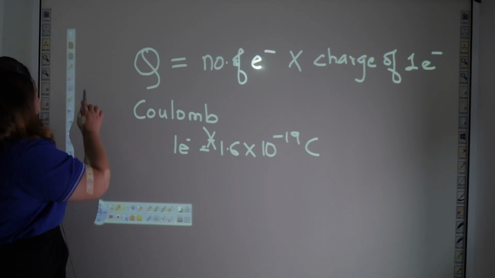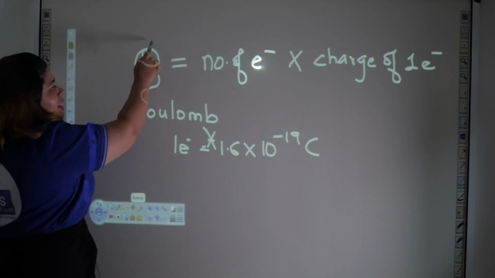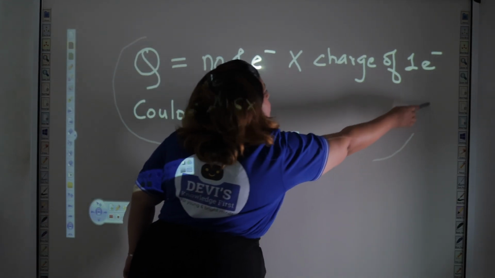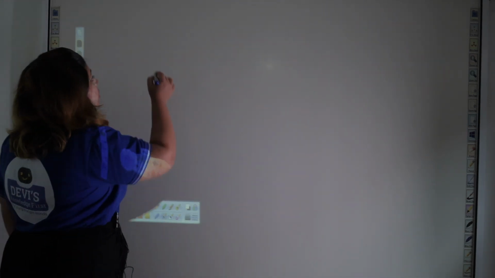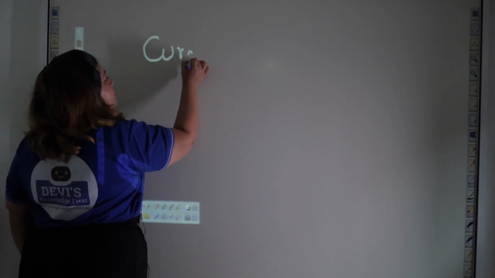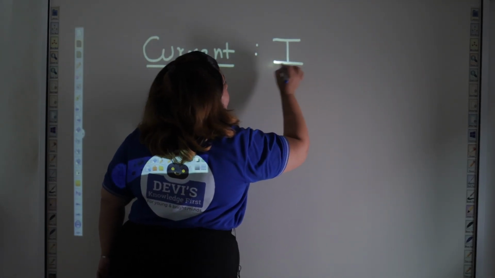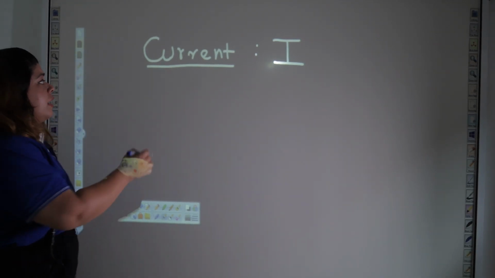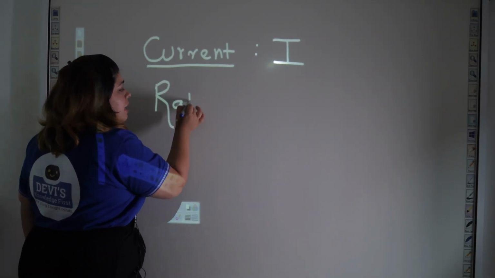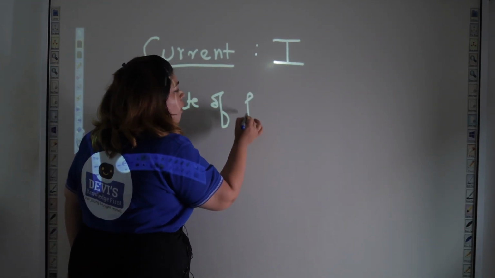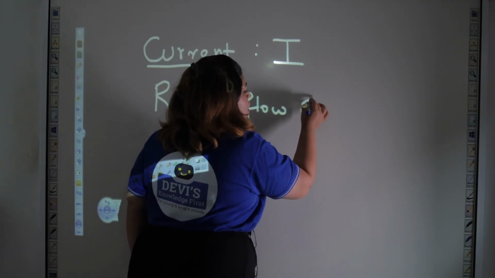The only difference is that they have different signs. So now this is all about charges, but what next? What flows? When we talk about current electricity, it is all about current. So we just learned about charges. What about current? Current is denoted by the letter I. And what is current? It is the rate of flow of charges.